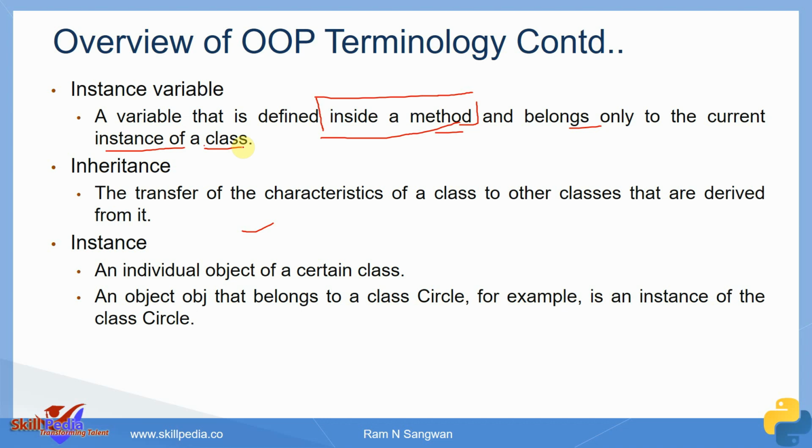So depending on what is so specific about that object, if we have some characteristics which we change in a method, very private to that object, not applicable for other objects of the same class, that is instance variable. Inheritance, transfer of characteristics of a class to another class that are derived from it.